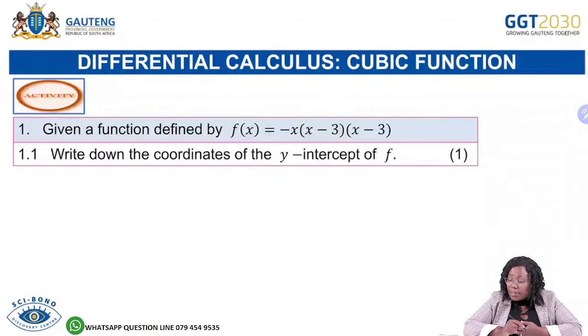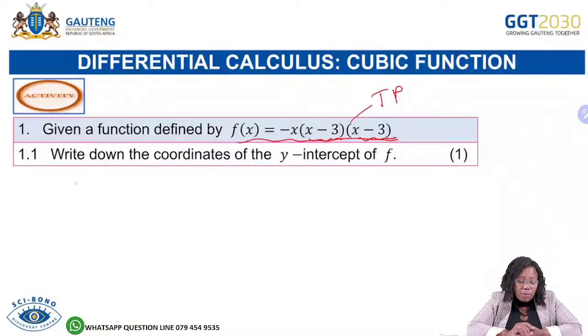And then now let's see now. The first activity, you are given a function defined by f at x equal to minus x, bracket x minus 3 and x minus 3. Can you see this bracket are repeating? The minute they are repeating, that means it is one of the stationary points, turning point.